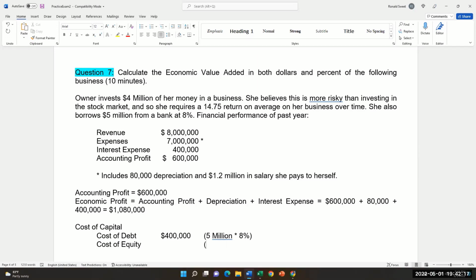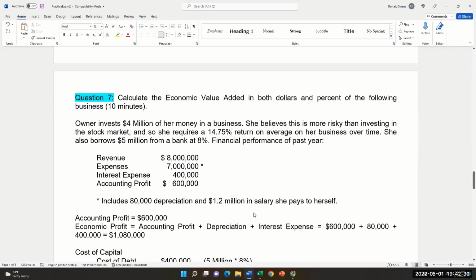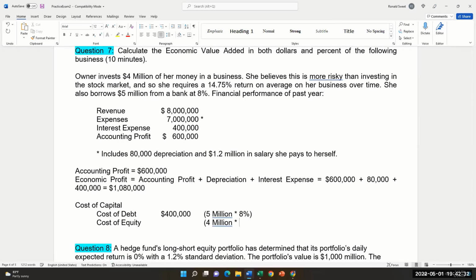So here she invests 4 million of her own money, and she requires, boy, I have a typo in there. She requires a 14.57% return times 0.475.